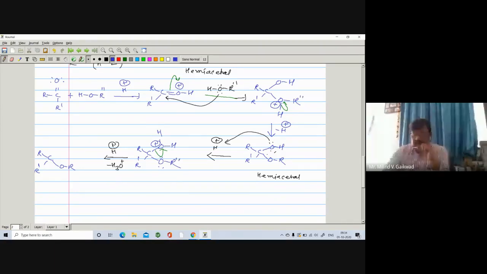Here is R double dash, here is also R double dash. This carbon becomes positive. There is a formation of carbocation.